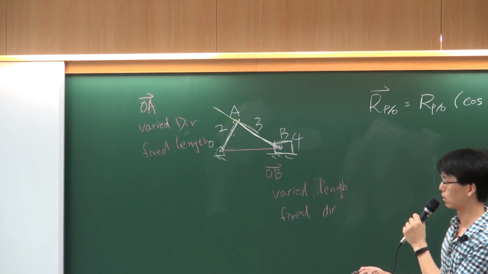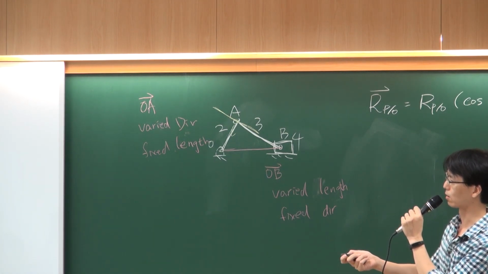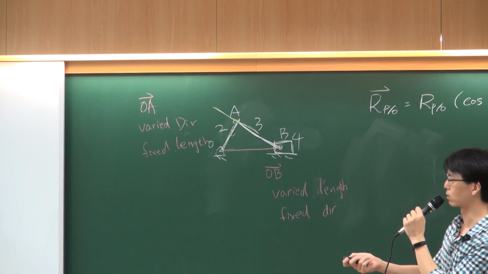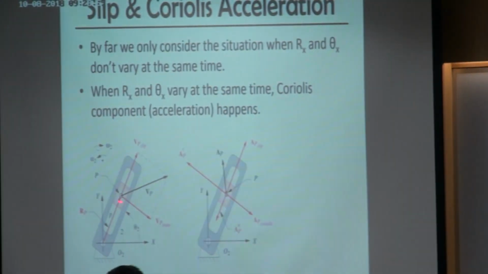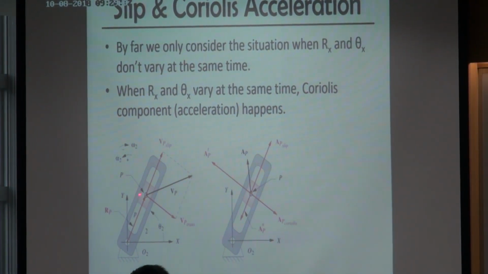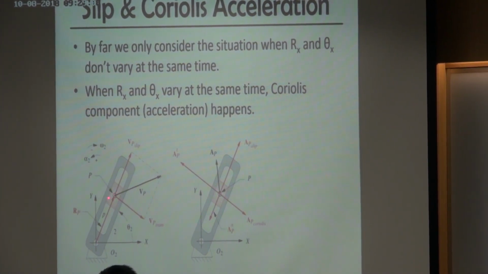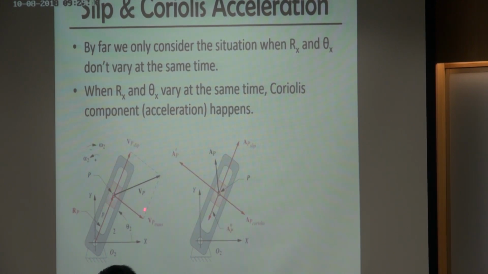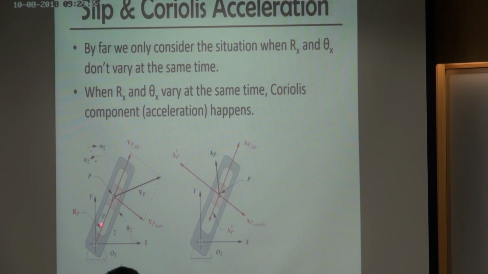So consider this case. It's actually assembled from three links: a grounded link, link 2, the gray one, and the pink one, the third link. But we are considering the length OP. O is a fixed point, and P is on the slider. If we consider OP, either the position, velocity, or acceleration, because the slider can move within this slot, the length is going to change.